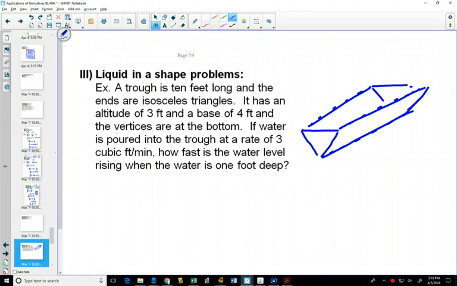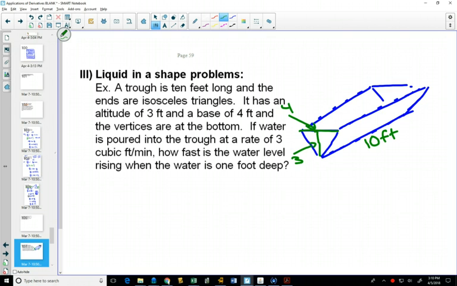We're going to pour water into this. It has an altitude. Altitude is another word for height. An altitude of 3 and a base of 4. And this is 10 feet long. So there's the picture of our trough.